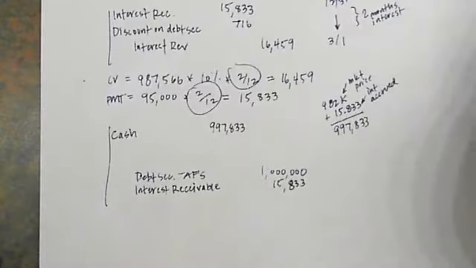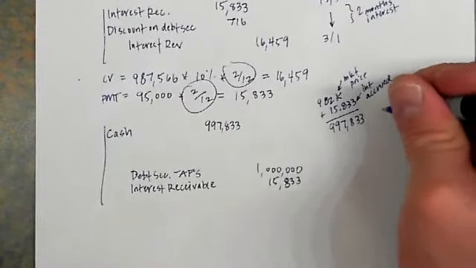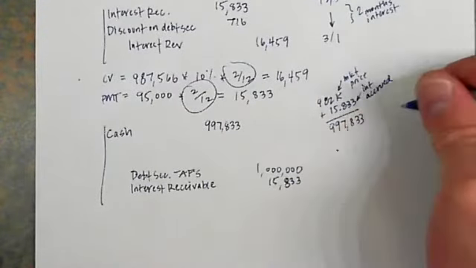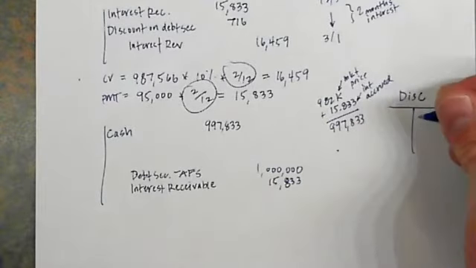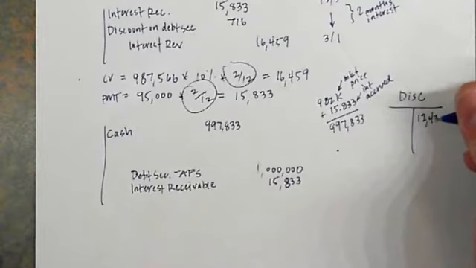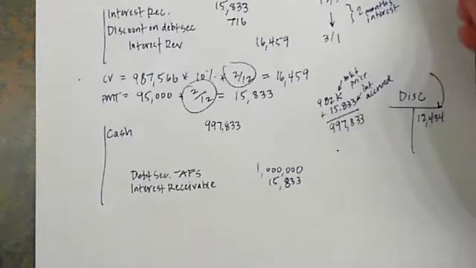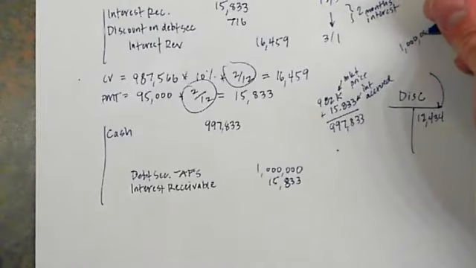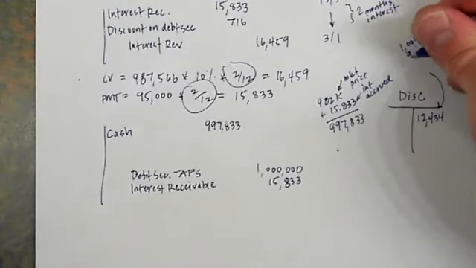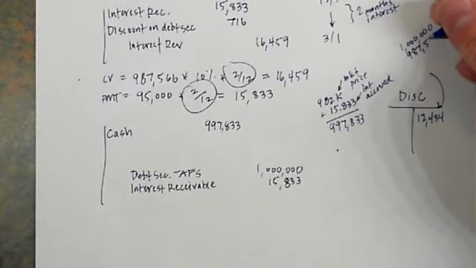Right. The final thing we need to figure out is, what is the discount account at now? Remember, the discount account was at $12,434. How do you get that? Well, remember, the discount is going to be the difference between the face value and the carrying value of the security.